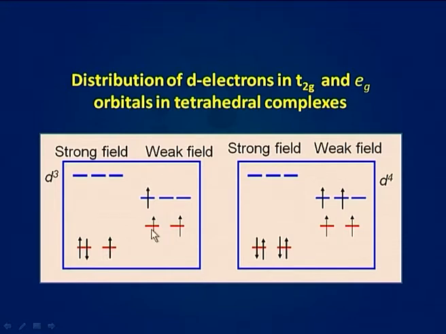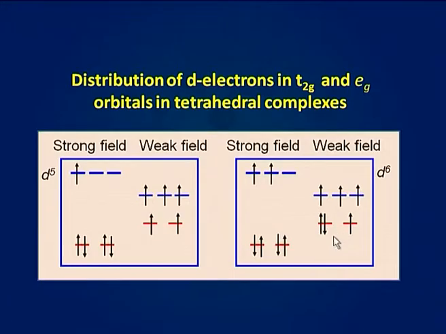The electronic configuration for weak field is Eg2 T2G1 with 3 unpaired electrons. For D4 system, the electronic configuration is Eg4 T2G0 with no unpaired electrons, and the electronic configuration in weak field is Eg2 T2G2 with 4 unpaired electrons.